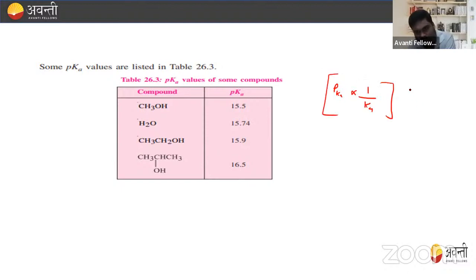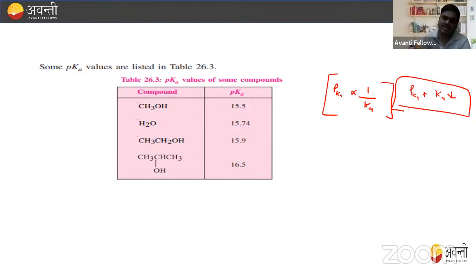If something has a large pKa value, it definitely has a less Ka value, and the Ka value is responsible for the acidic behavior. So out of these, methanol, CH3OH, has the minimum pKa value, which means it has the highest Ka value, or we say this is much more acidic.